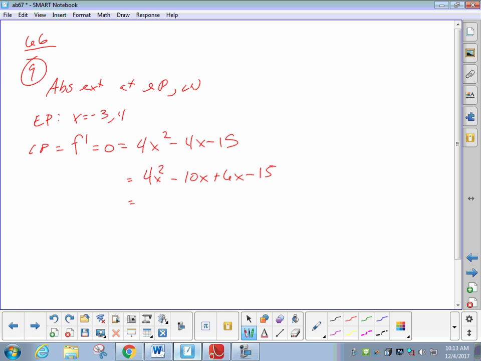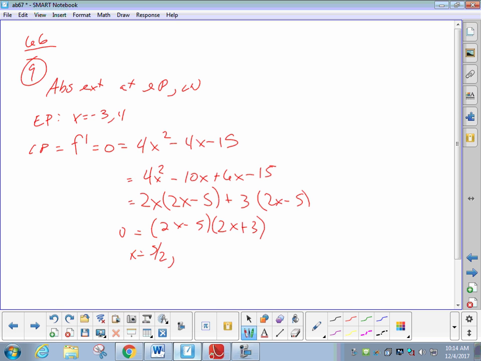I don't know if that's how you guys learned how to do this, but it works for me. 2x minus 5, 2x minus 5. So it seems like 2x minus 5 times 2x plus 3. So your roots are x equal 5 halves and -3 halves.